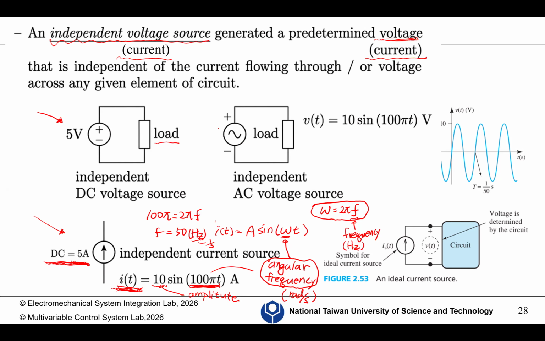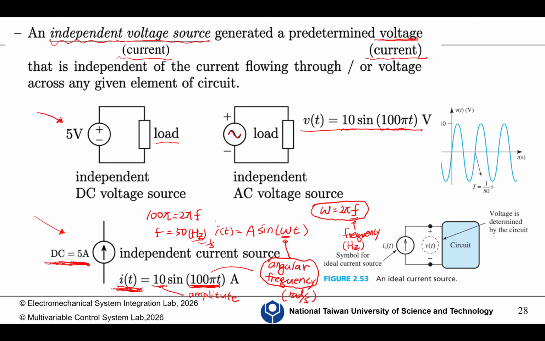And for AC voltage, you can see there's a sine function inside the circle, and we still give it a positive and negative sign, although for AC voltage and AC current this sign changes direction periodically. Same thing, we write voltage as a function of time, and it has amplitude and its angular frequency.